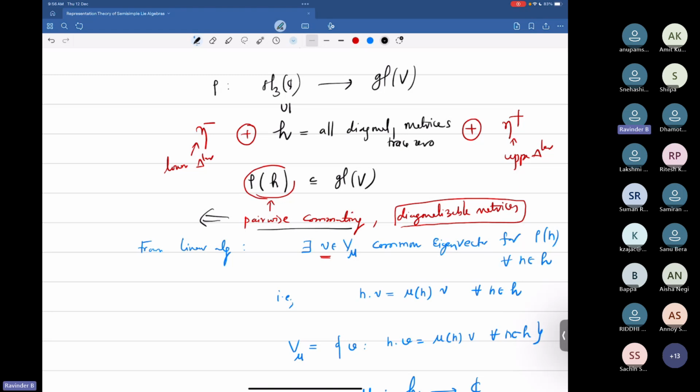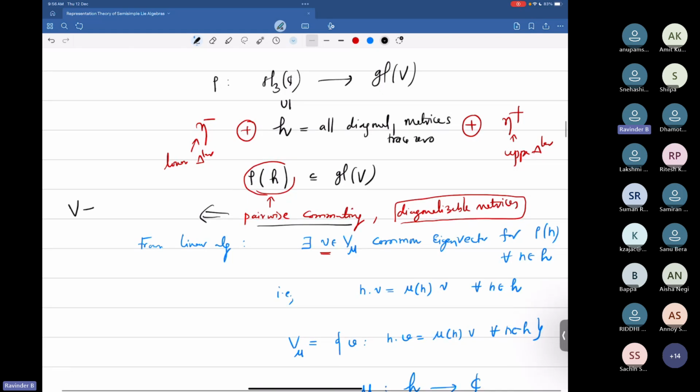What does simultaneously diagonalizable mean? V has a basis of common eigenvectors, corresponding to elements of H star. So if the dimension of V is n, there will be n eigenvectors.